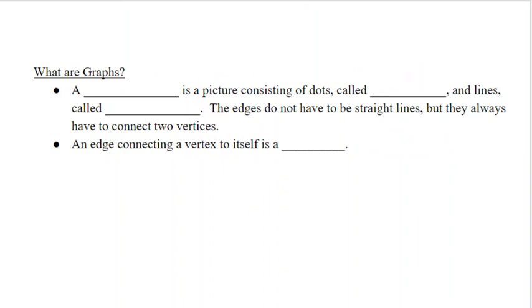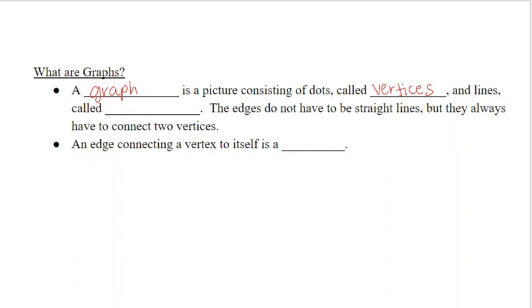First, we want to start with some basic graph theory vocabulary. So, what are graphs? In general, a graph is not the x-axis, y-axis kind of graph that you're used to from algebra. A graph is a picture consisting of dots, which we call vertices.